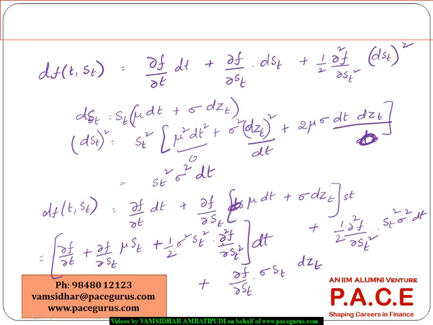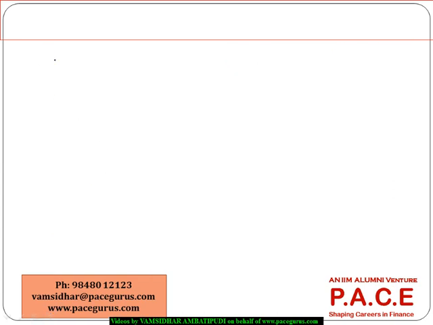Now this is an expression that is very much important for me, so let me write it down. The df(t, st) is typically working out as ∂f/∂t plus mu st times ∂f/∂st plus half sigma squared st squared times ∂²f/∂st².